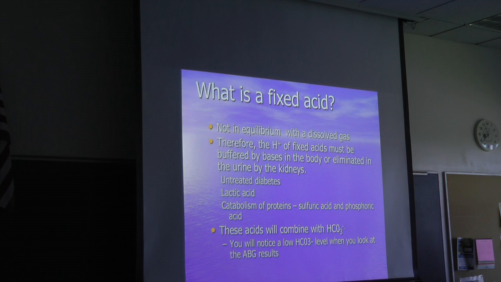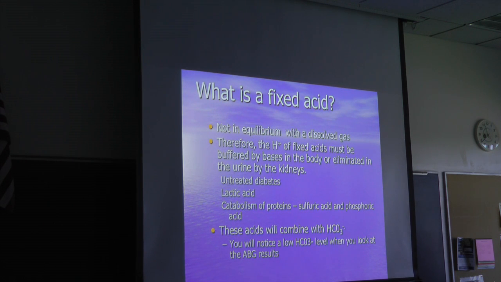The next one is lactic acid. Lactic acid is formed from anaerobic metabolism. Anaerobic is A-N-A-E-R-O-B-I-C, anaerobic.